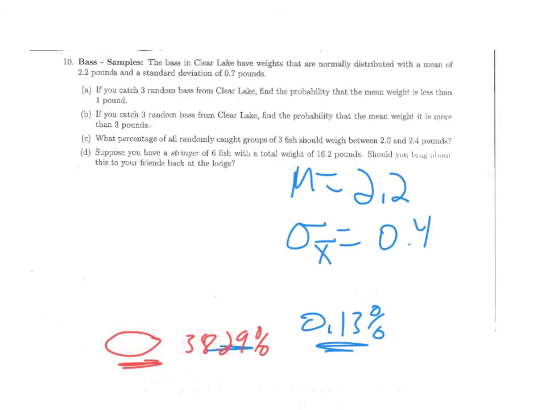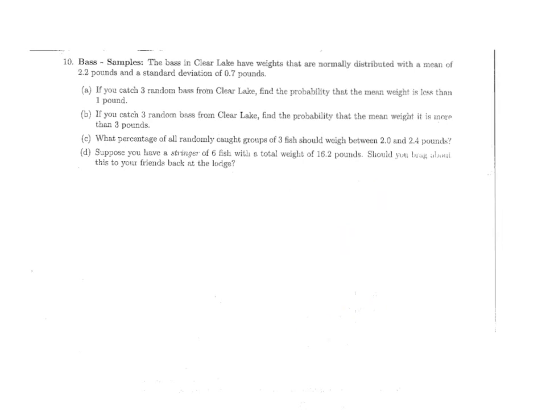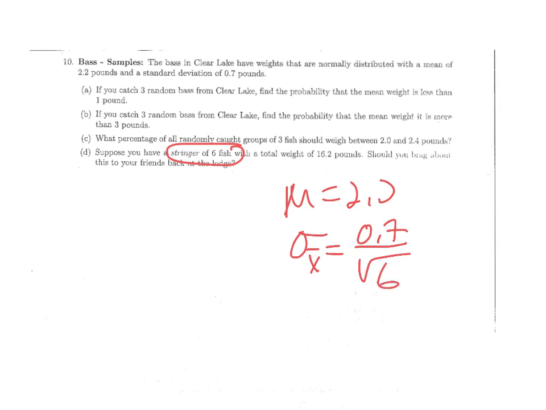Here, let me do some more deleting here. So what's different for this one is, let's see, we have a mean of 2.2 pounds again. And the population standard deviation again is 0.7, but because now we're dealing with a sample of 6 fish, won't that be 0.7 divided by the square root of 6?